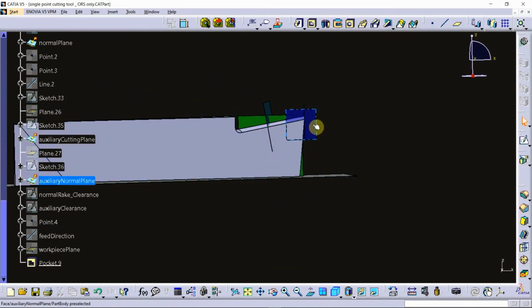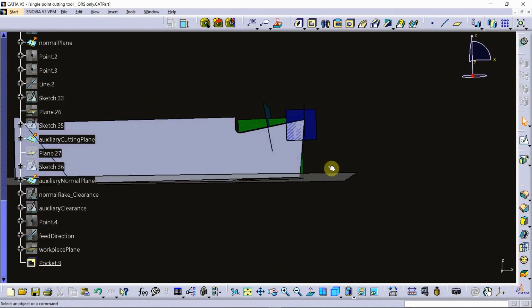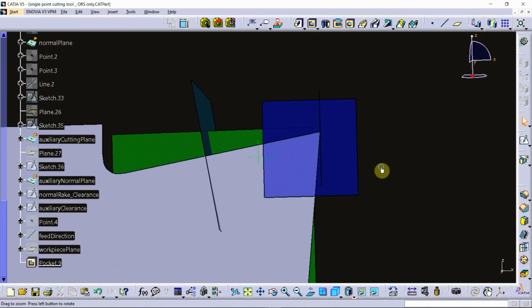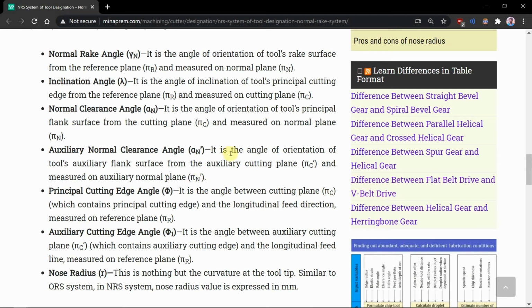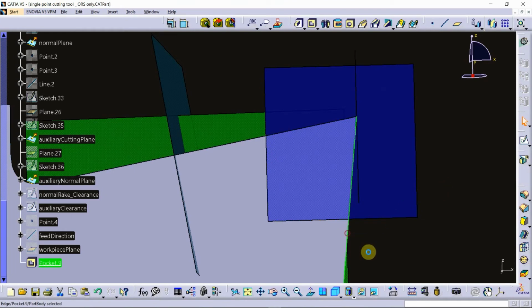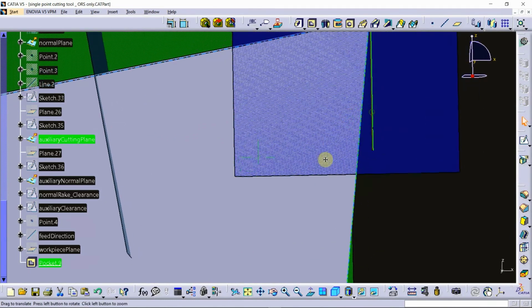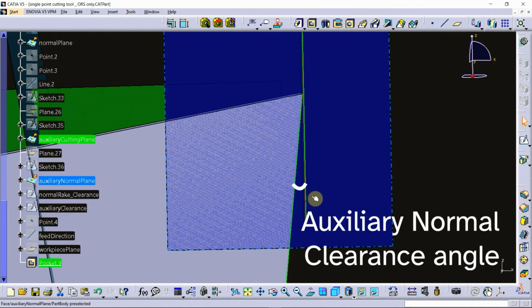Now if I look straight on the auxiliary normal plane and go back to the definition, angle of orientation of the auxiliary flank surface from the auxiliary cutting plane. So this is the auxiliary flank surface, and this is the auxiliary cutting plane, and the angle between these two is called the auxiliary normal clearance angle.